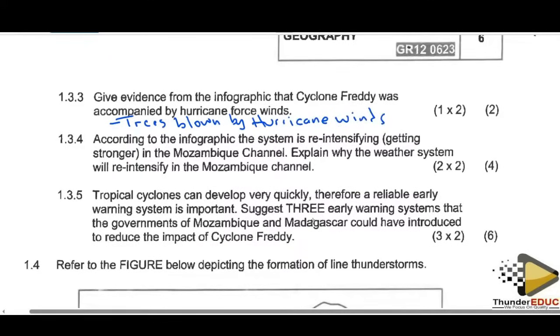That's one point. Could as well say boats have been swept on shore.